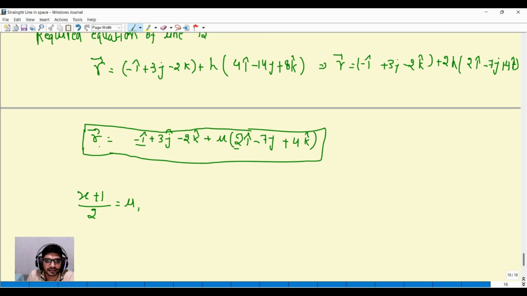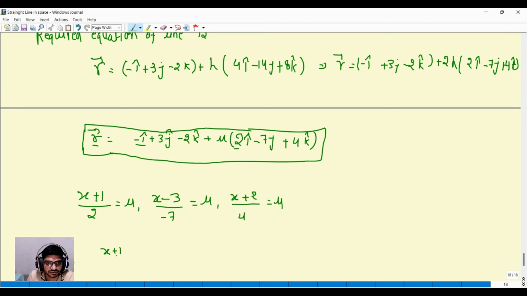We are going to compare these things and find out the values by mu and x: x minus 3 upon minus 7 equals mu, and x plus 2 upon 4 equals mu.